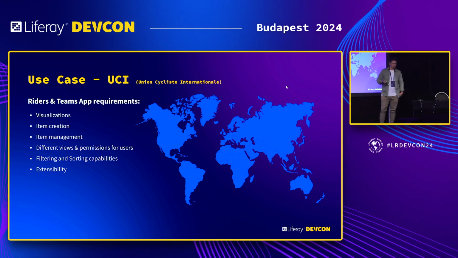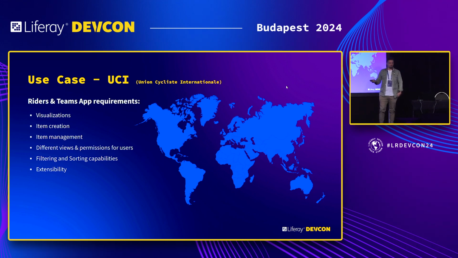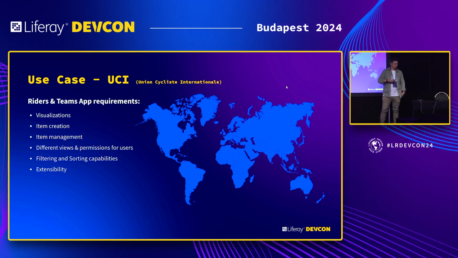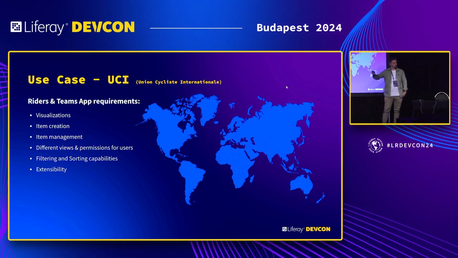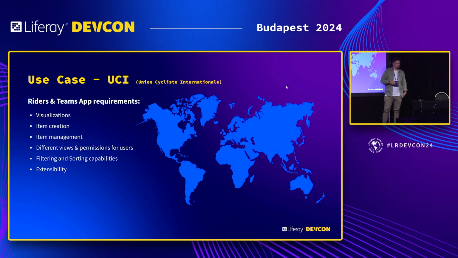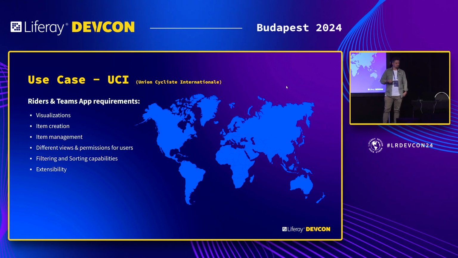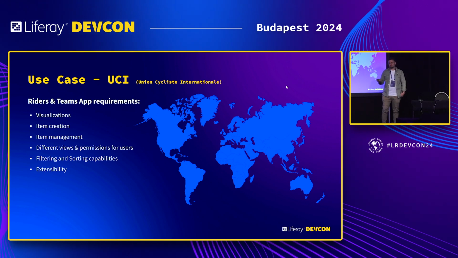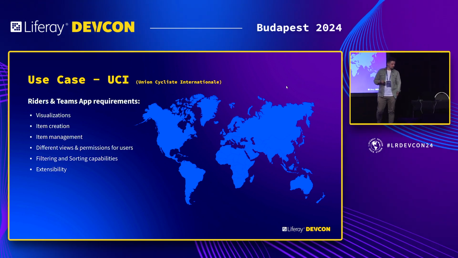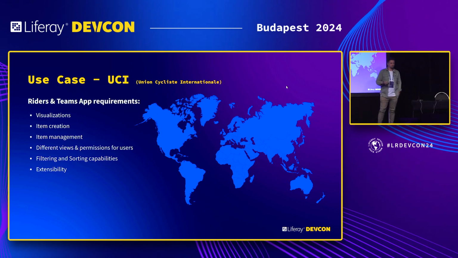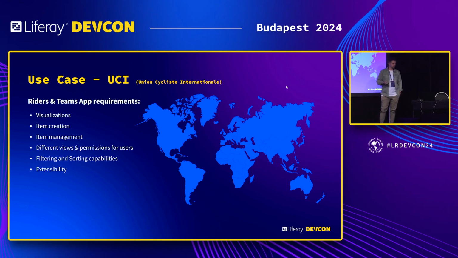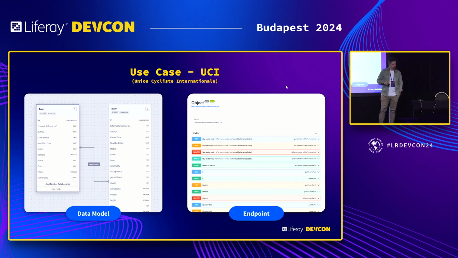And the requirements are that they need different visualizations, item management and creation, meaning riders and teams, different views with different users, public and internal site, filtering and sorting capabilities, and also to be extensible, meaning that they want to maybe create custom filters or a custom view. So this could be done with dataset, as we are going to see.